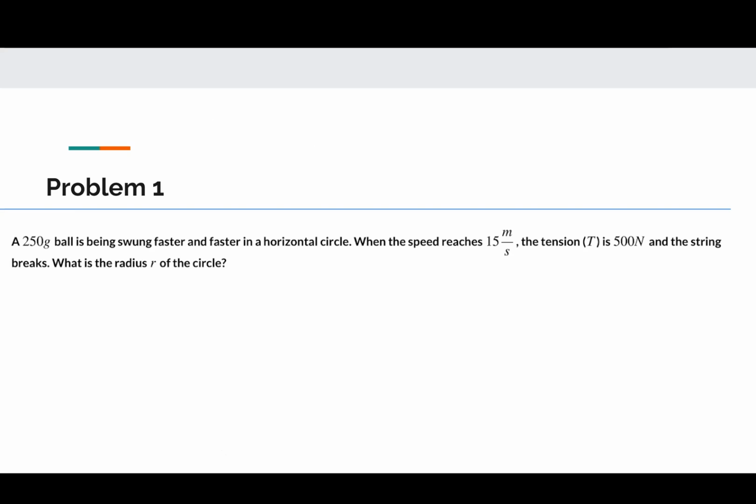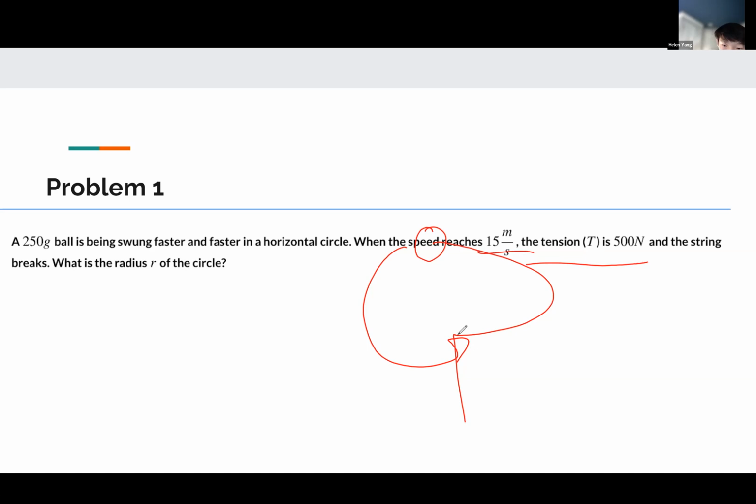For this first question, it says a 250-gram ball is being swung faster and faster in a horizontal circle. The ball is going around. When the speed reaches 15 meters per second, the tension is 5 newtons and the string breaks.